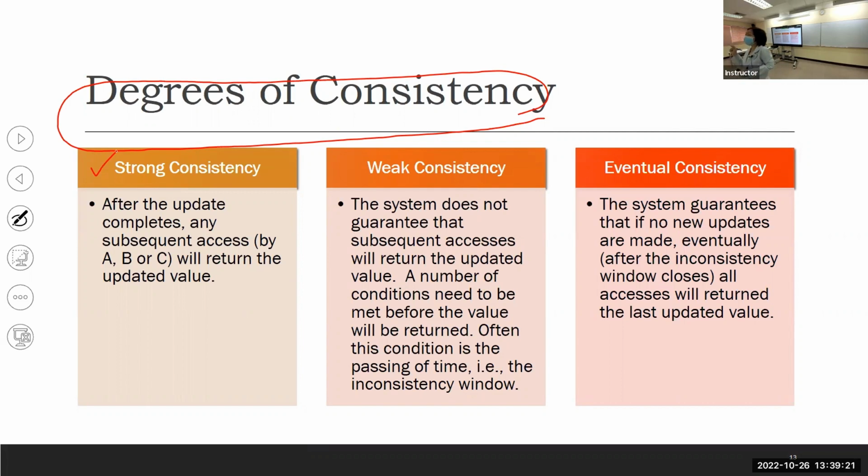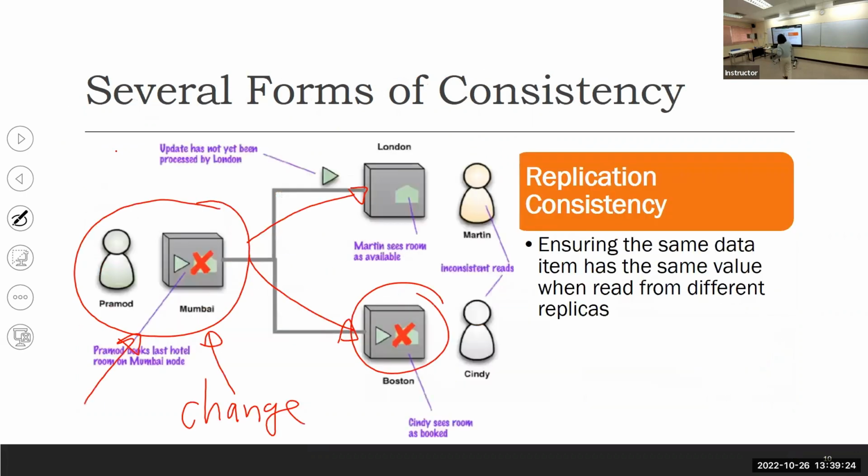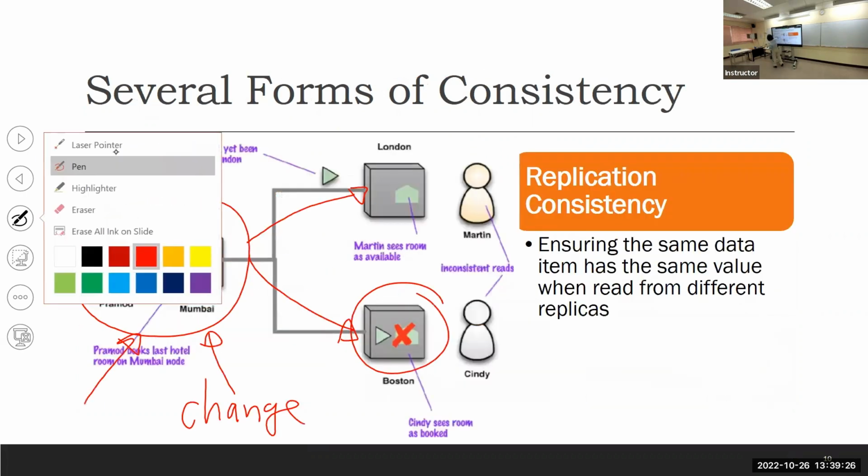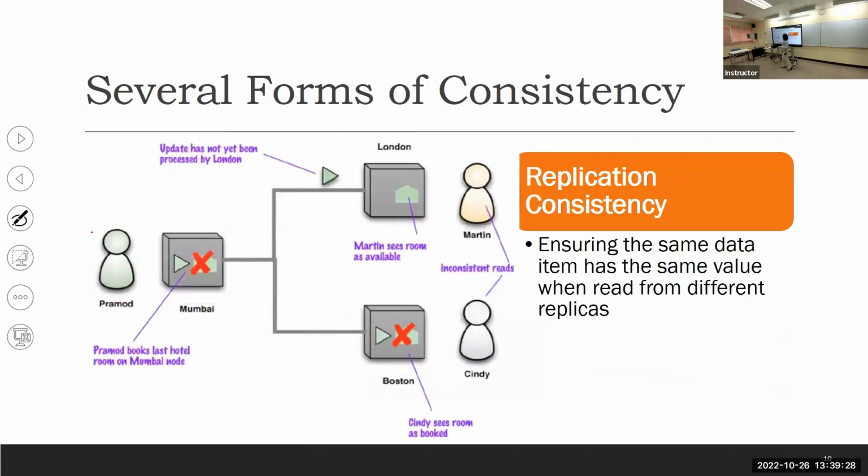If you use the strong consistency model in your system, this scenario will not happen. Because once it is confirmed to you that you got the last hotel room, it means everyone else everywhere in the distributed network must have already been updated properly.